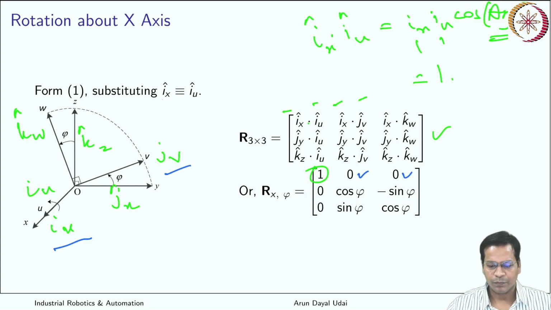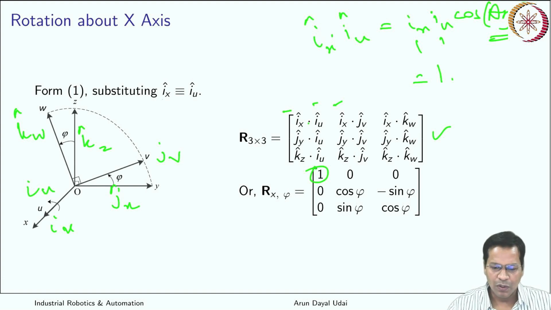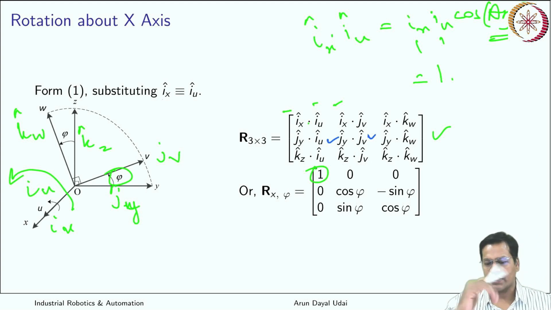Now let us see the other parts. What is the angle between JY and JV? The angle between them is this, and it is rotated like this. As per the right hand thumb rule, it is in the positive direction only, so it will be cos phi.